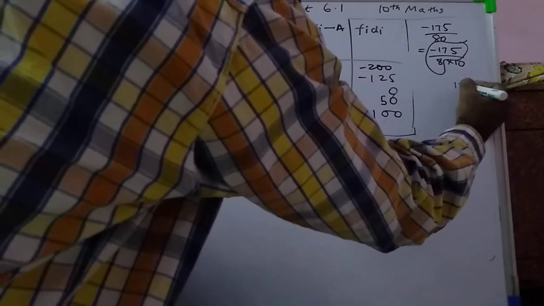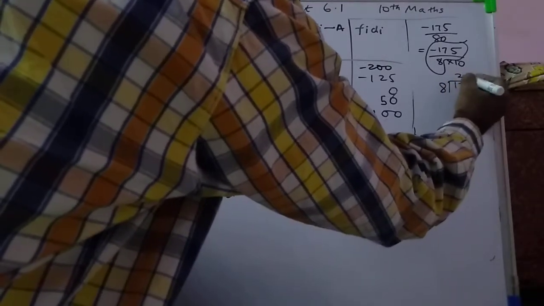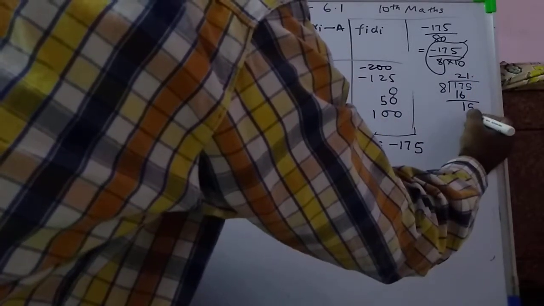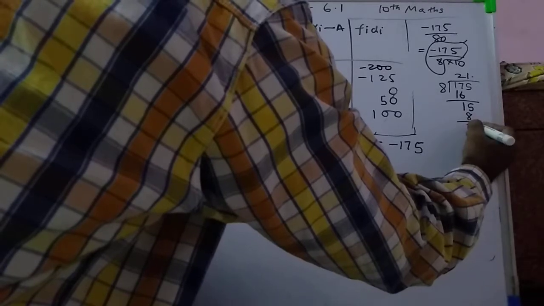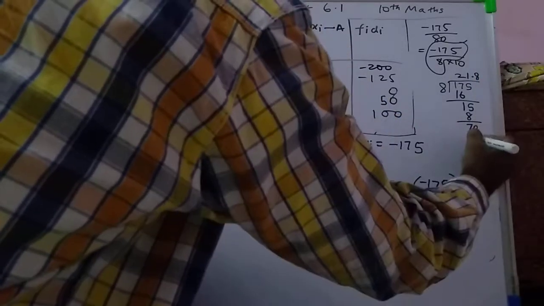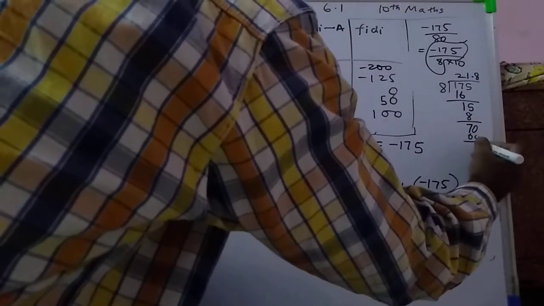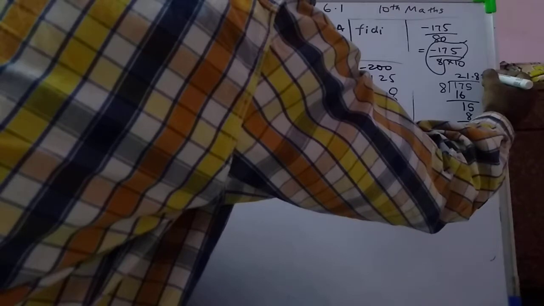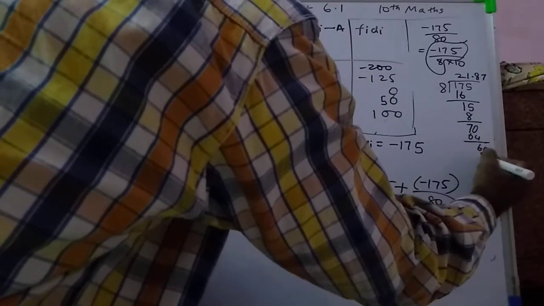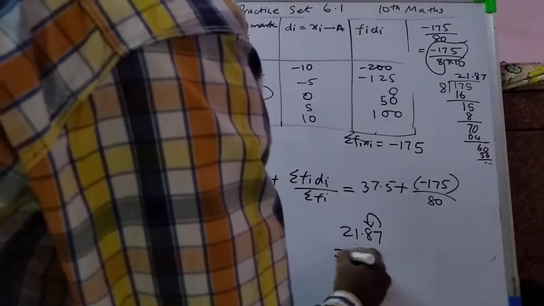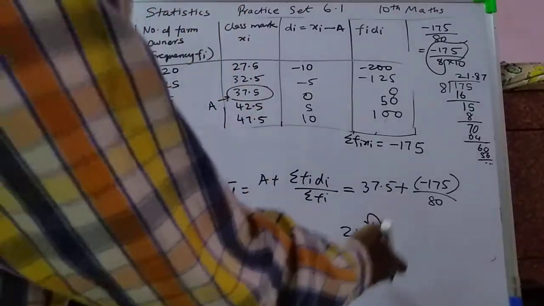So divide 175 upon 8, it is 21.87, round it, that will become 21.9.